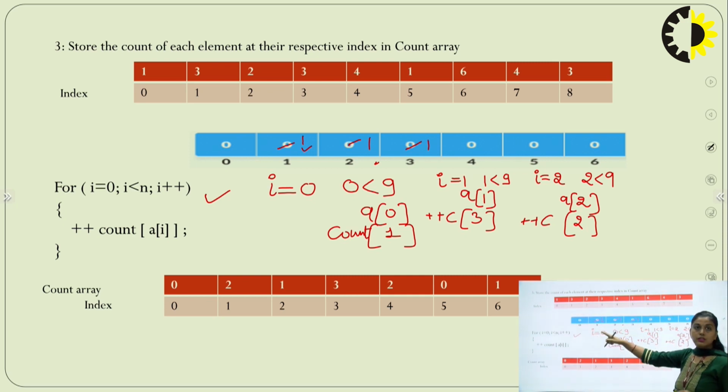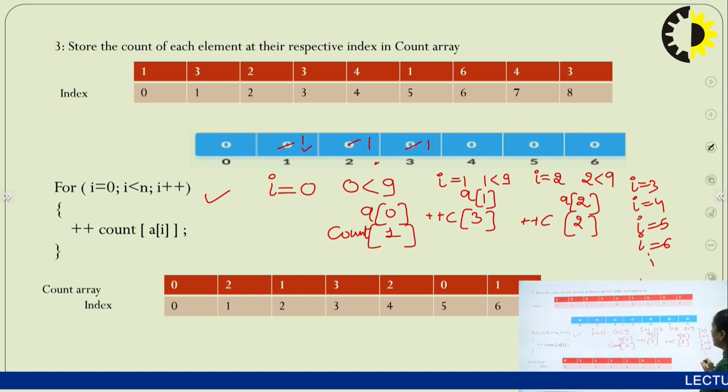This code is going to be executed for I equals 3, I equals 4, I equals 5, I equals 6, up to I less than 9, or we can say it is going to 8, till this condition.